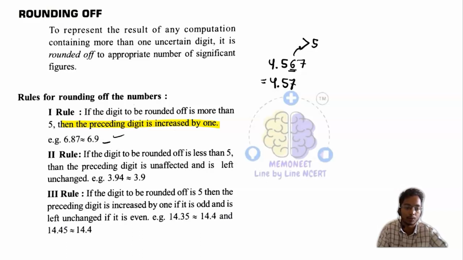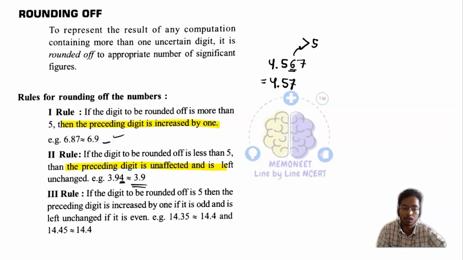Then the second rule tells that if the digit to be rounded off is less than 5, then the preceding digit is unaffected and is left unchanged. So if we want to round off 3.94, here we have the 4 which is lesser than 5, so we can directly write 3.9, because this can't be rounded up since it is less than 5.